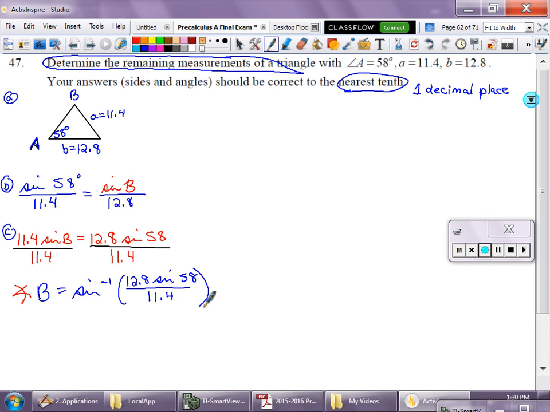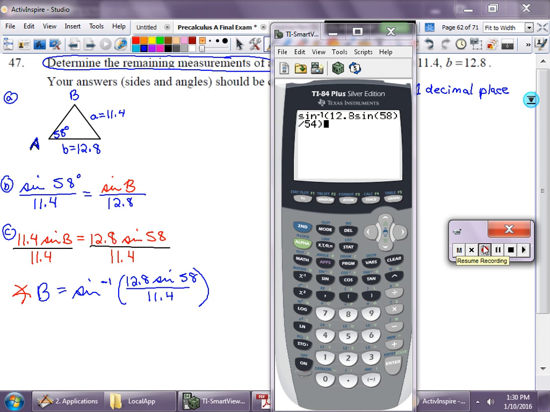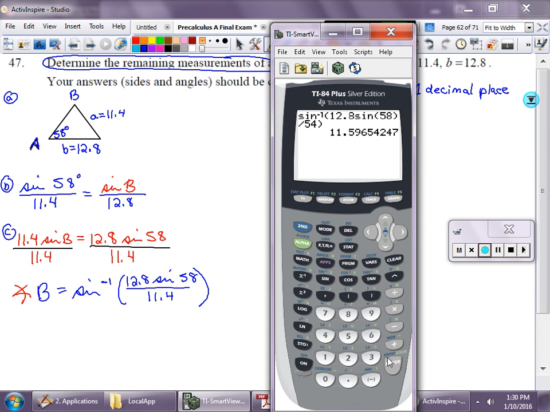Let's put that in our calculator. Okay, making sure you have everything in parentheses. Press enter. And we have a very small angle. Make sure you put it down.